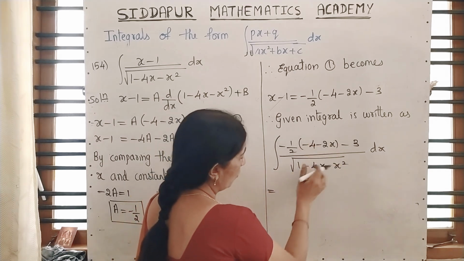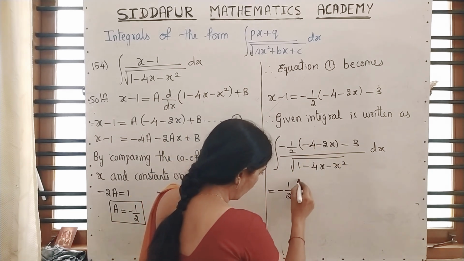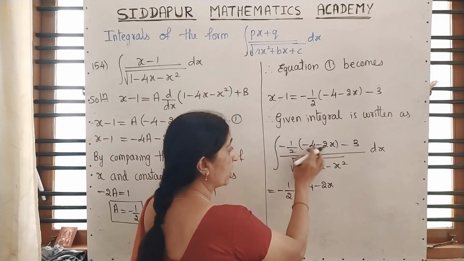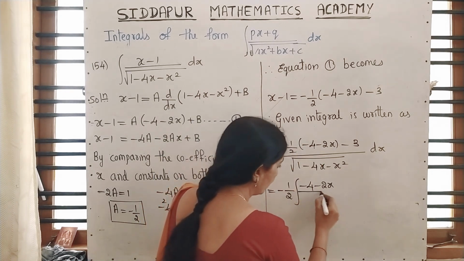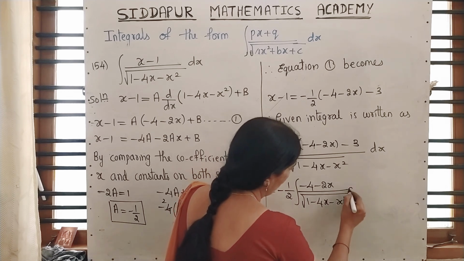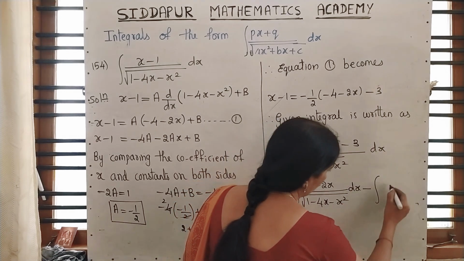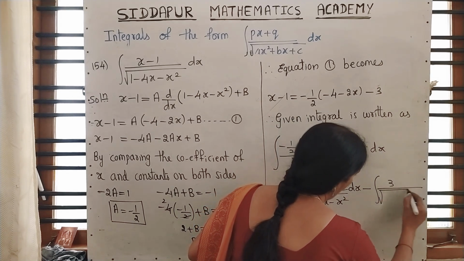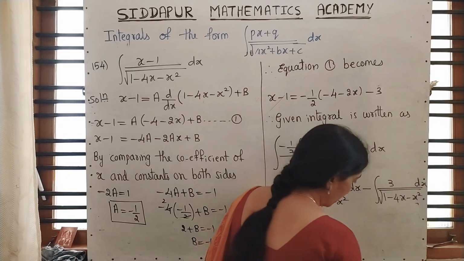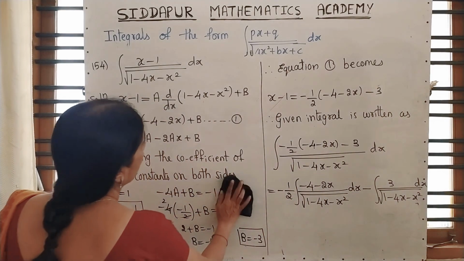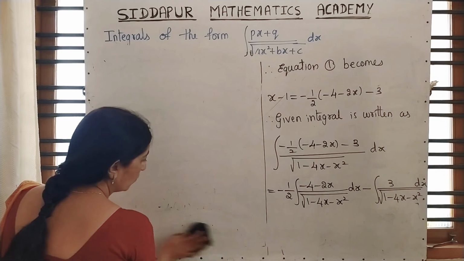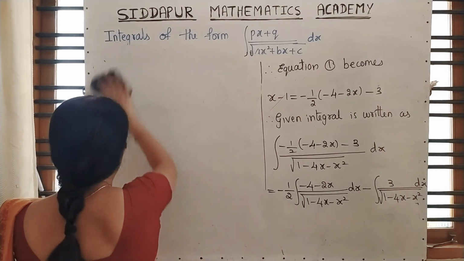Taking the denominator separately, minus 1 by 2 outside, integration of minus 4 minus 2x, and remember, don't take minus common and don't multiply with this, 1 upon root of 1 minus 4x minus x square into dx, minus 3 upon root of 1 minus 4x minus x square into dx. See, is it simple or what? Yes, the sum is very simple. Only thing, you have to write the steps properly.